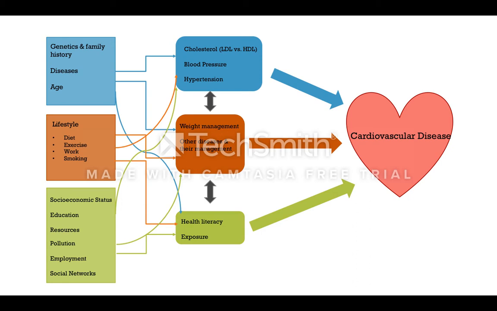I will begin with genetics and family history. Having a genetic predisposition to a particular disease basically means that there was a genetic mutation that altered the biological function of an original gene, and it sometimes increases an individual's risk for that particular disease. And with this comes family history. So basically, if my dad suffered from a heart attack, that means that I have a higher likelihood to suffer from that as well.